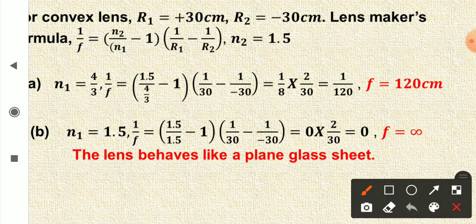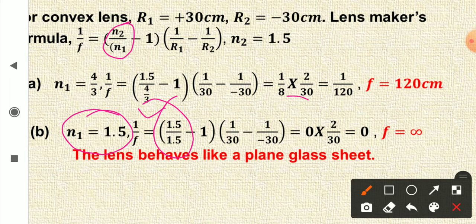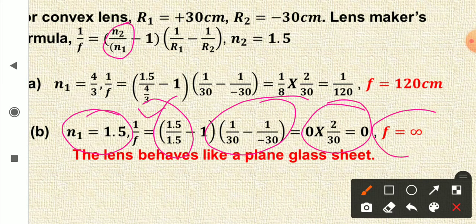Now, what if the outside medium is of refractive index 1.5? So now using the same relation, putting N2 upon N1 as 1.5 upon 1.5 minus 1, and the bracket stays as it is, this becomes 1 minus 1, 0. So this whole term becomes 0, and taking reciprocal, the focal length becomes infinite.